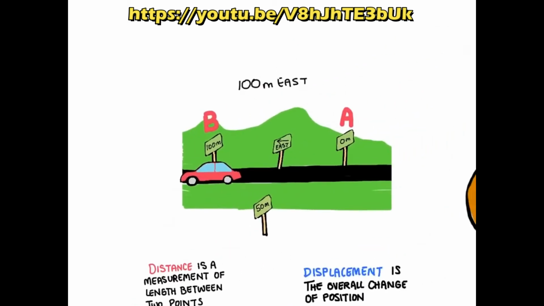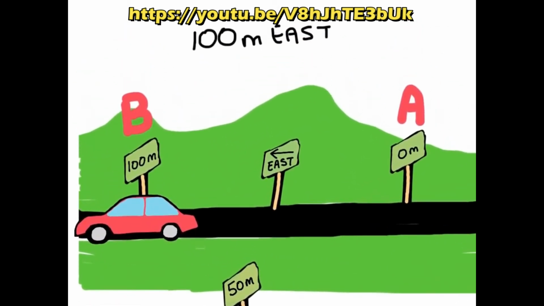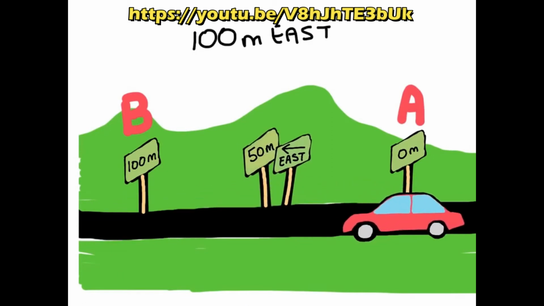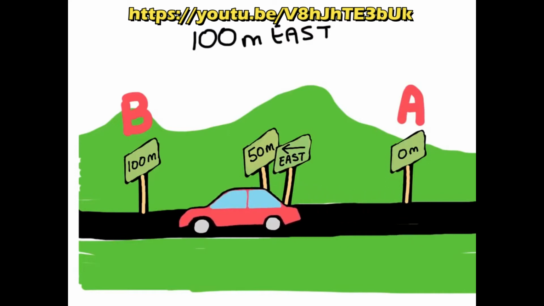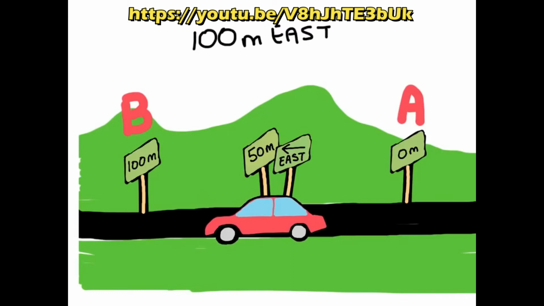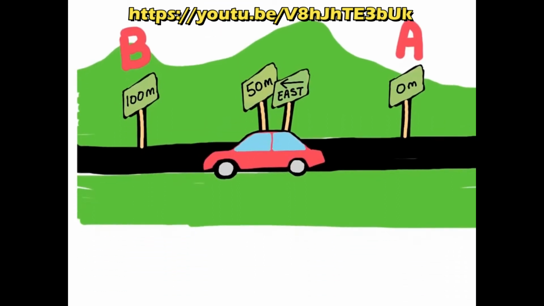Let's add another road sign here in our example. If we add this extra midpoint road sign, it'll bring our car back toward point A. If the car travels from point A to point B and then backs up to the center here, let's see how far it traveled. It's traveled a distance from point A to point B of 100 meters, and then an additional 50 meters, for a total distance of 150 meters.